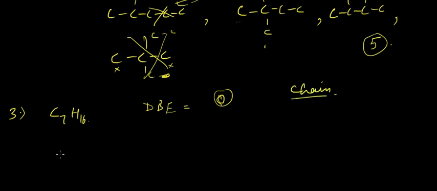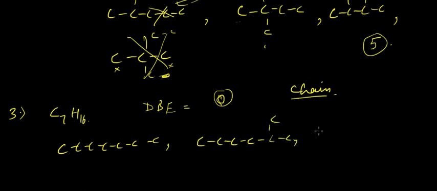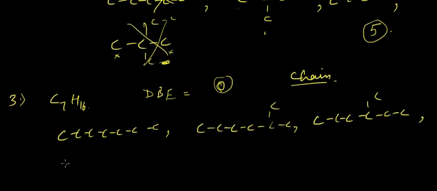Let's draw the chain isomers of this following, so 1 2 3 4 5 6 7, 1 2 3 4 5, these are 6 only, so 7. 3 4 5 6. I'll substitute one remaining carbon atom, and then also can put the carbon atom here.